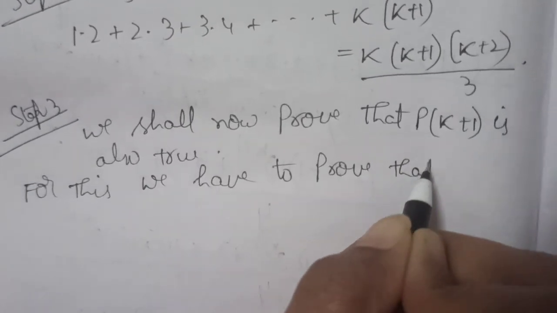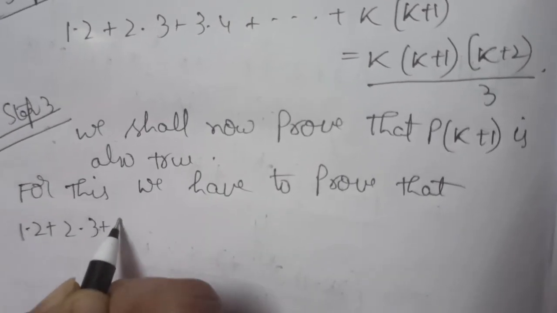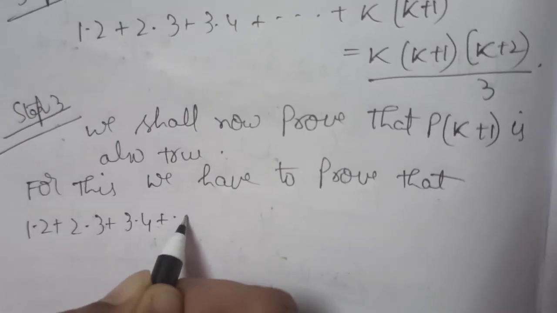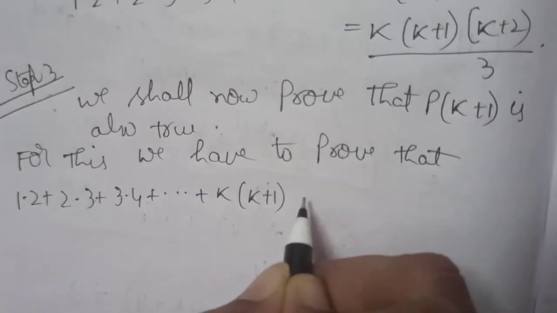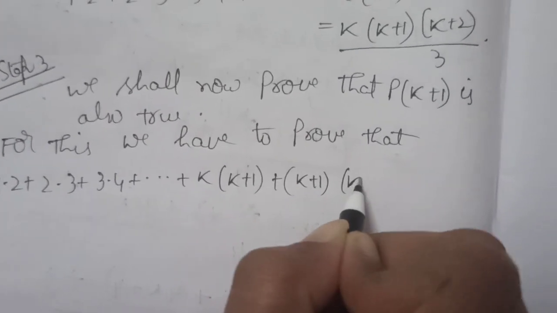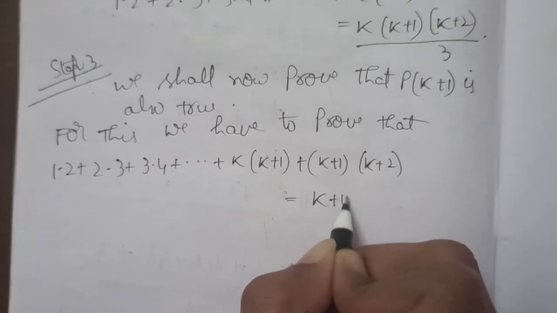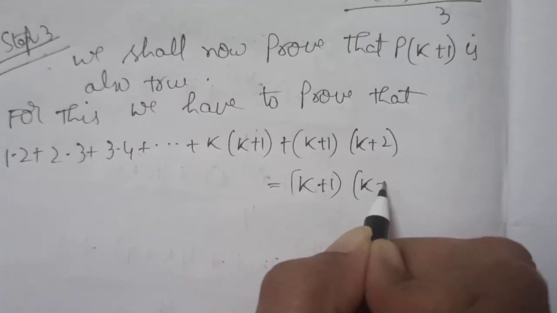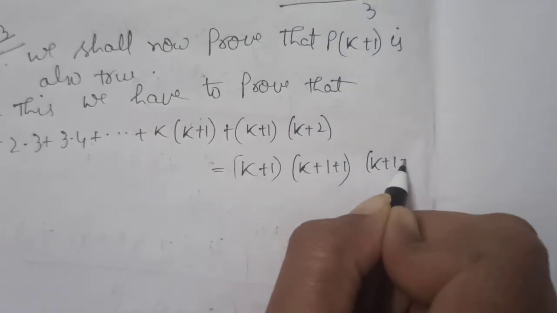1 into 2 plus 2 into 3 plus 3 into 4, in this way, k into k plus 1 plus k plus 1 into k plus 2, which is equal to k plus 1 into k plus 2 into k plus 3 by 3.